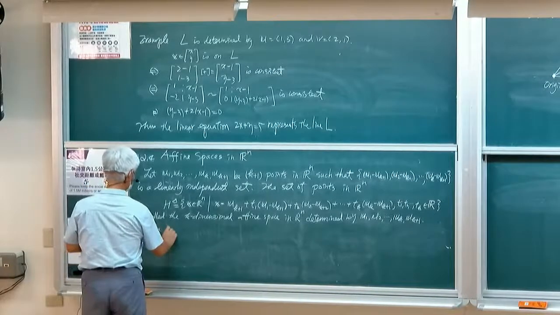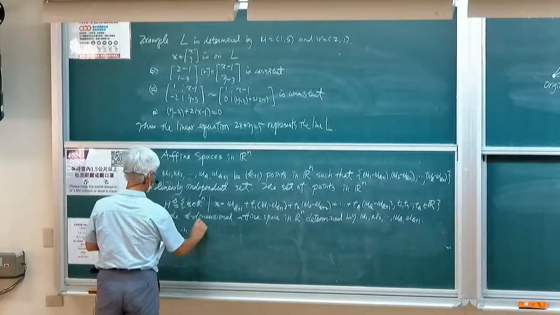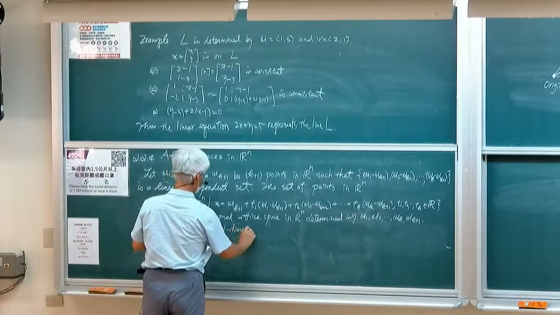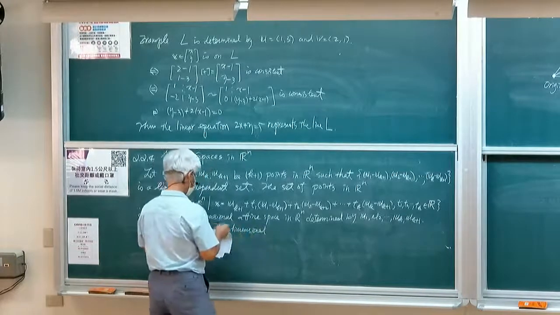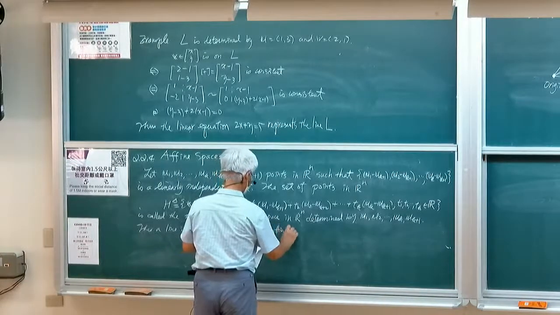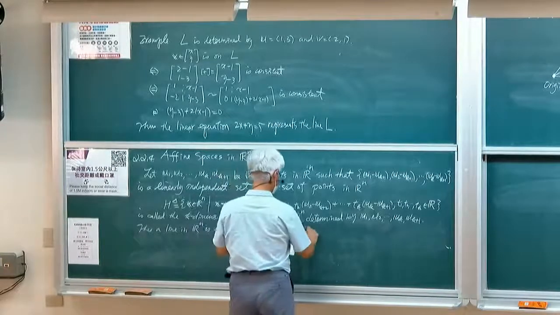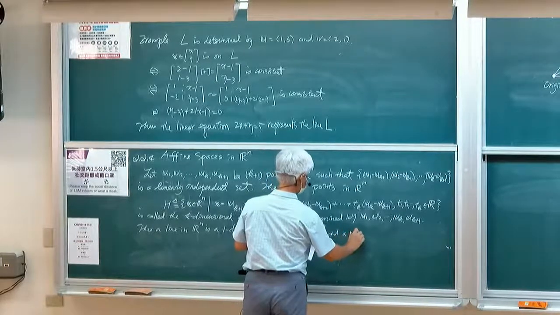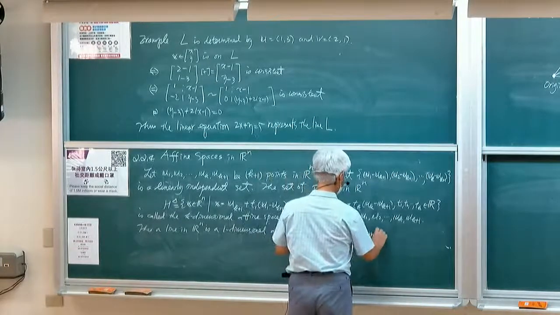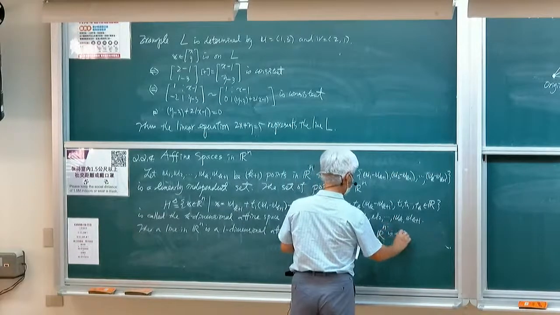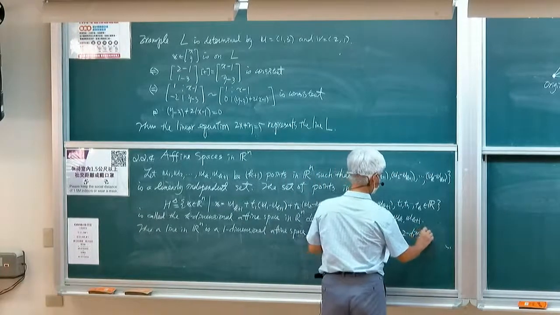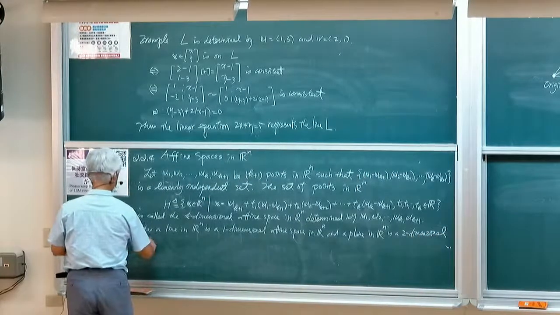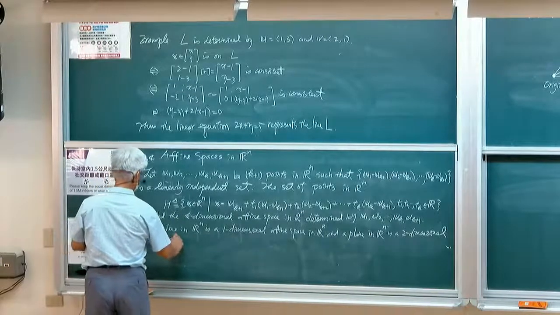All right, so a line in R^n is a one-dimensional affine space in R^n, and a plane in R^n is a two-dimensional affine space in R^n.